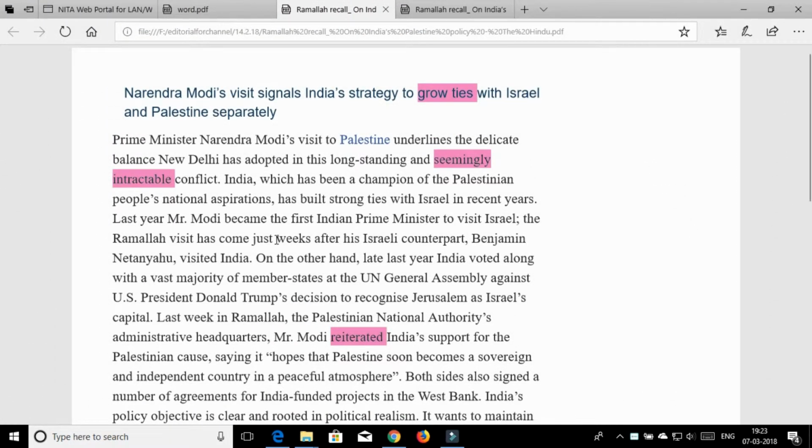So let's move to the next section. Let us see how the words are used in the editorial and let us try to understand the editorial. So I have already made marks over the important words that I have already described in the previous section.